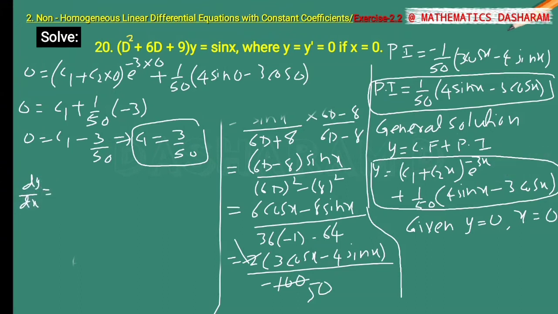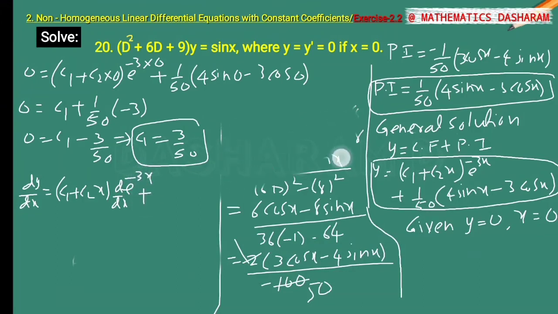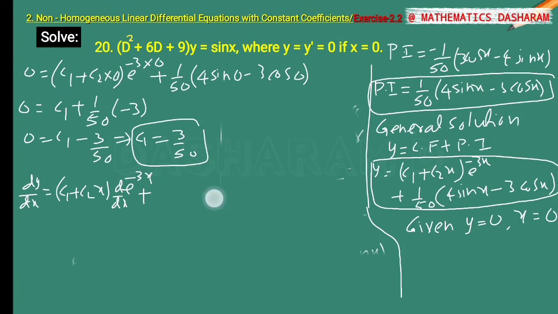Here it is a product of two functions, so c1 plus c2 into x, d by dx of e to the power of minus 3x, plus e to the power of minus 3x into d by dx of c1 plus c2 into x.